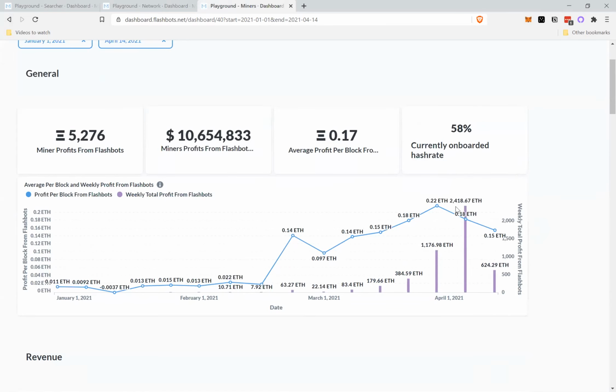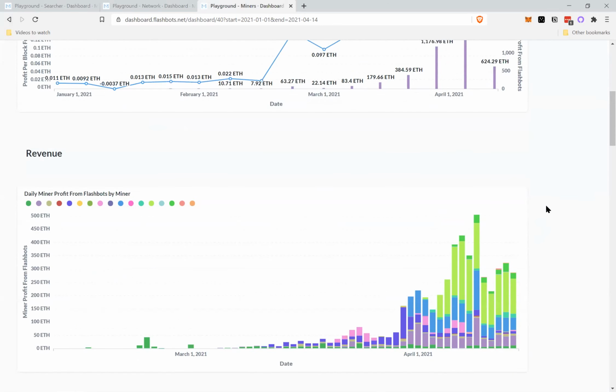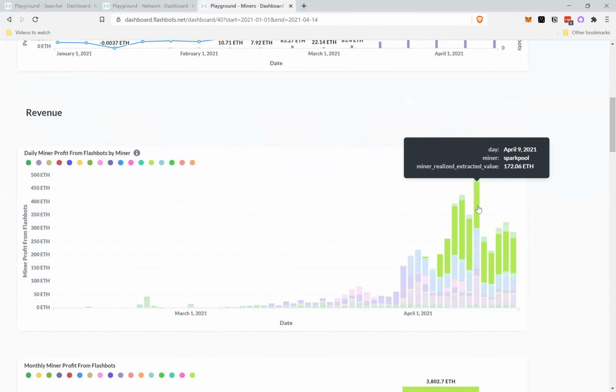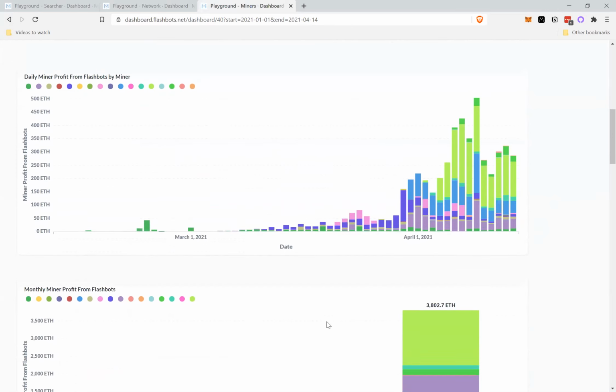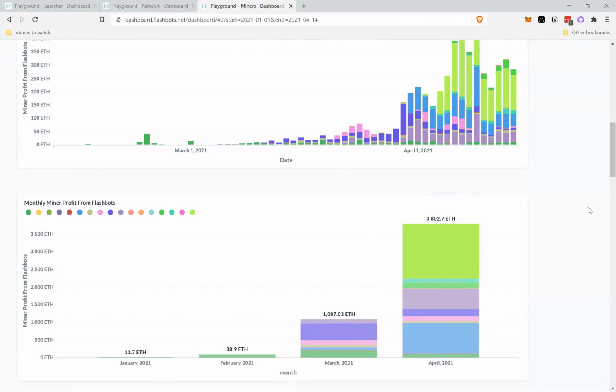It's interesting to see the totals per week, as well as going in and seeing which particular miner is realizing the most value from Flashbots, who's getting paid the most, of course, according to their hash rate over time. And monthly, which I find a little bit easier to reason about because you can just multiply monthly by 12 and come to annual rates.